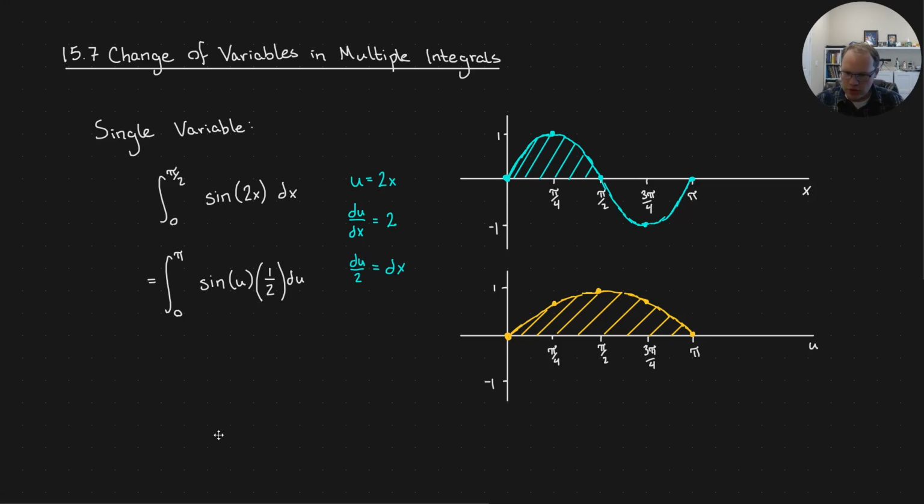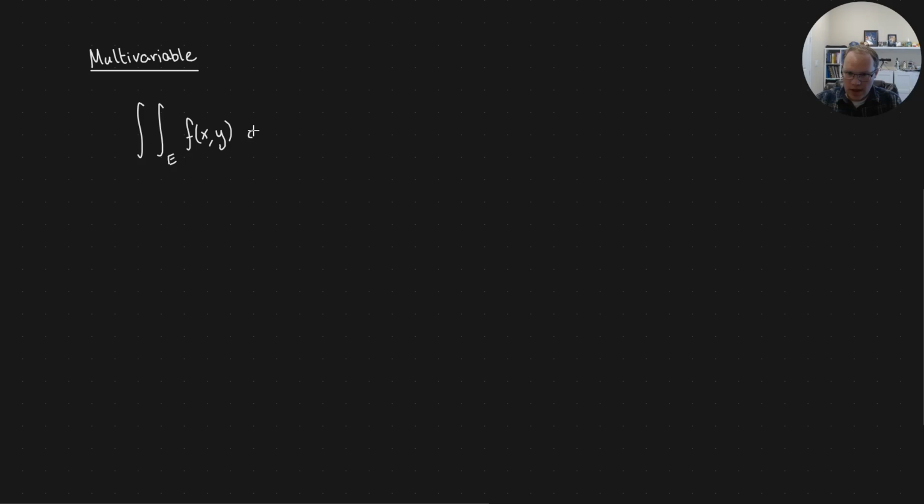So let's think about the multivariable case now. Now imagine I have some double integral over some region E of, in my original coordinates, f of x, y.